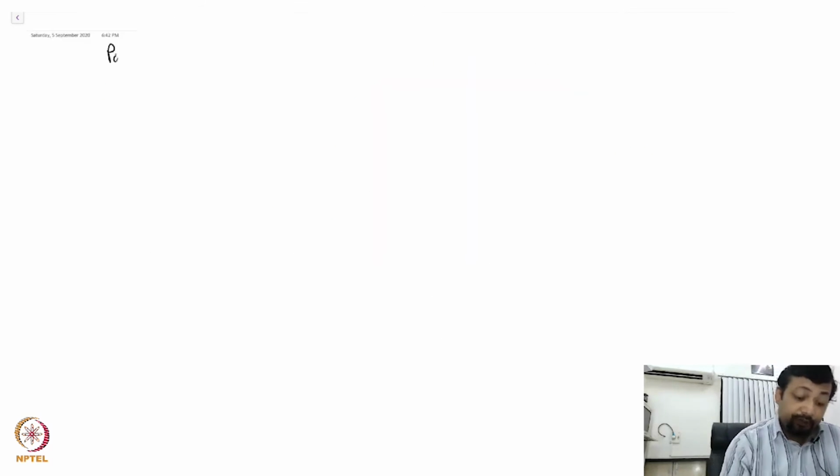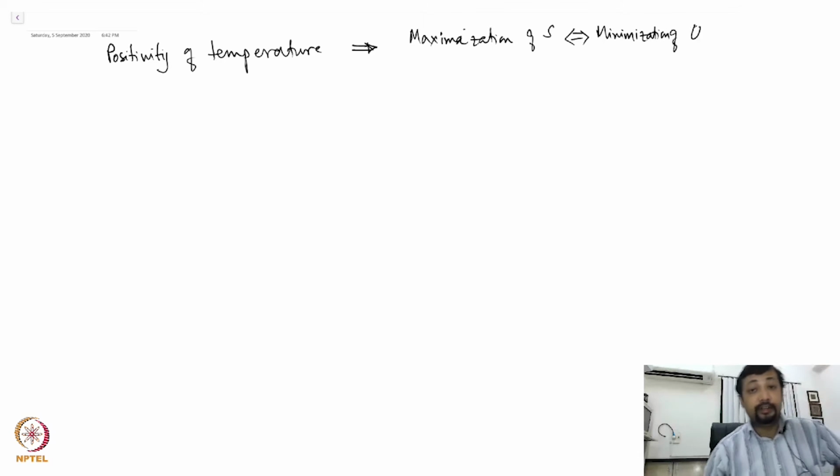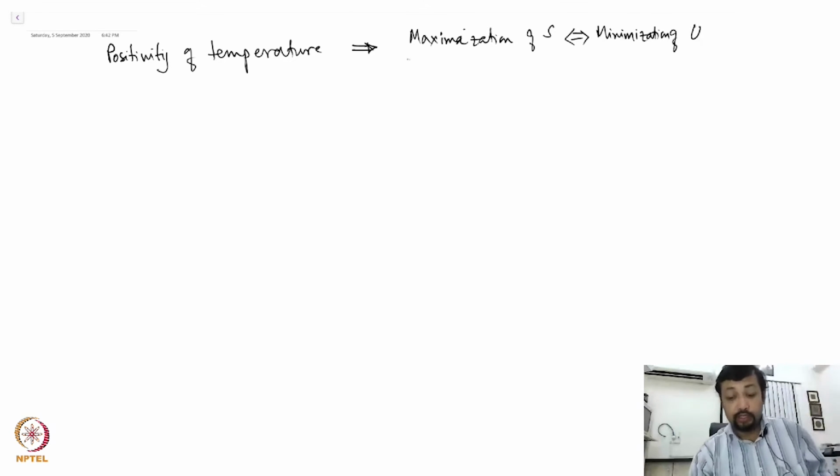So positivity of the temperature implies maximization of S and minimization of U are identical, the same thing that you are doing, right?